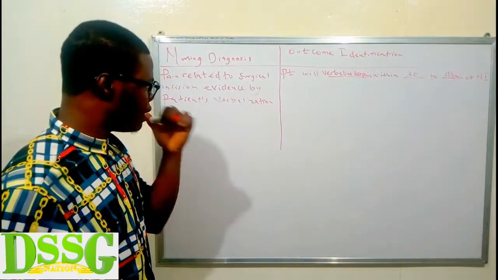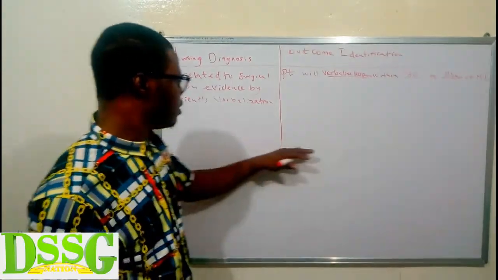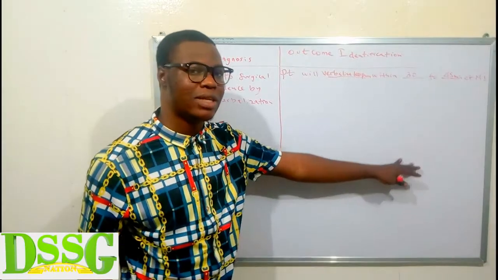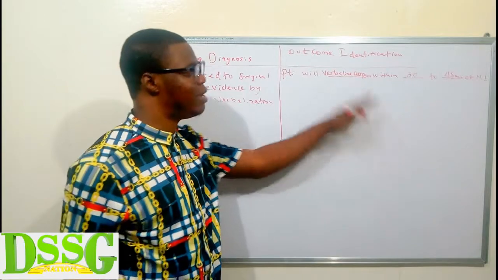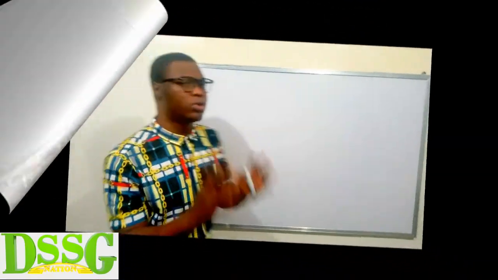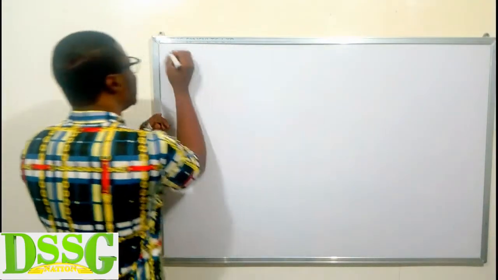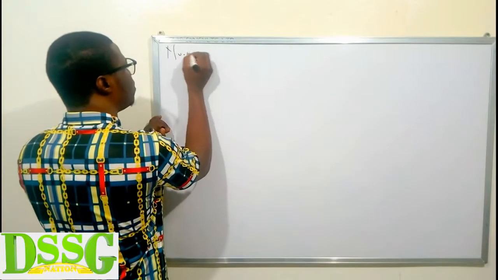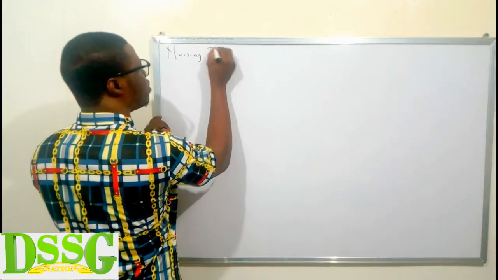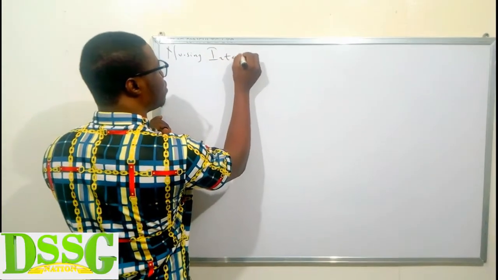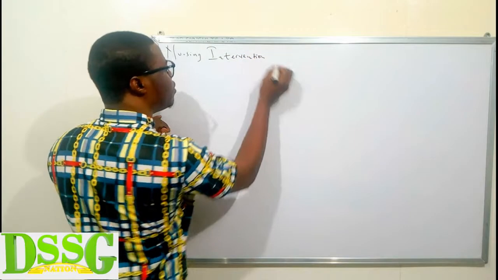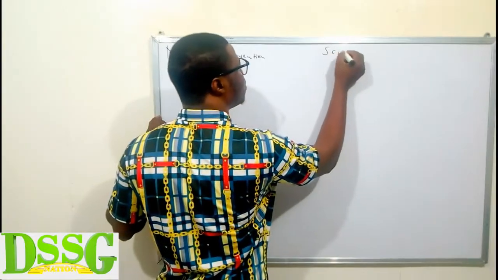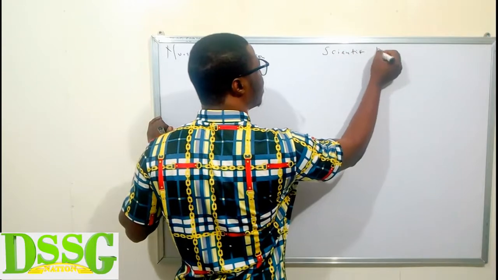So let me come with the nursing intervention and the scientific rationale underneath. No, let me just explain it. So the next thing is nursing intervention. And after that you have your scientific rationale.